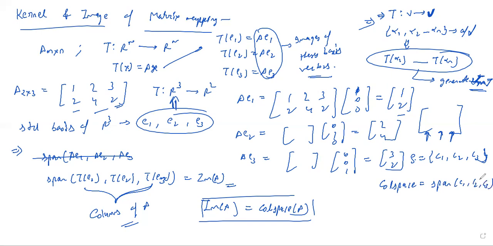That is what is happening here: I am spanning T E1, T E2, T E3, which generates my image space of A, and these are the corresponding columns of A. So these form the column space of A. From this I can say that the image space of A is the column space of A.